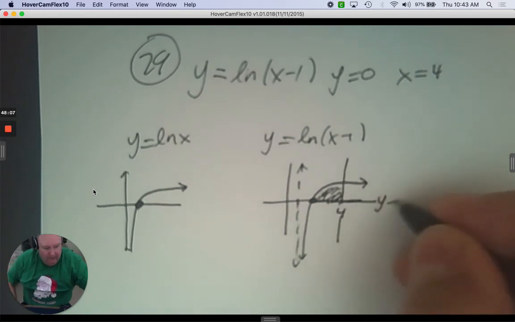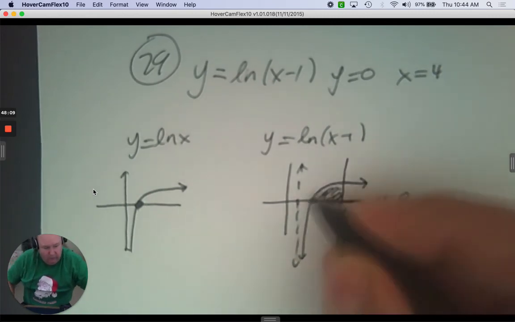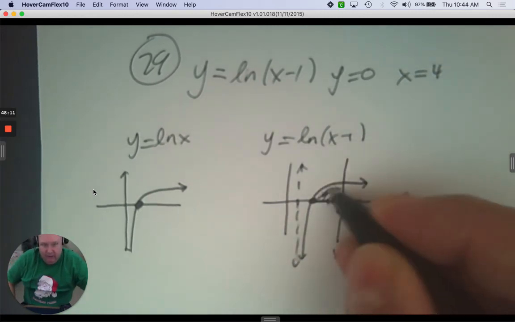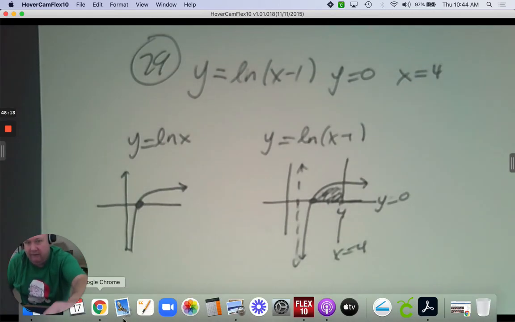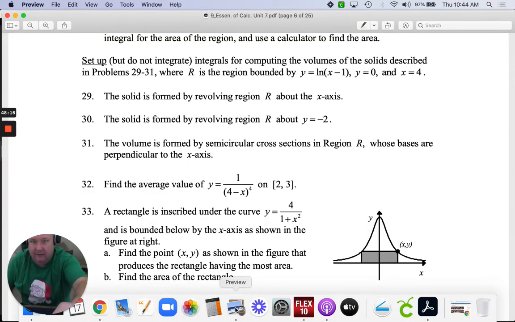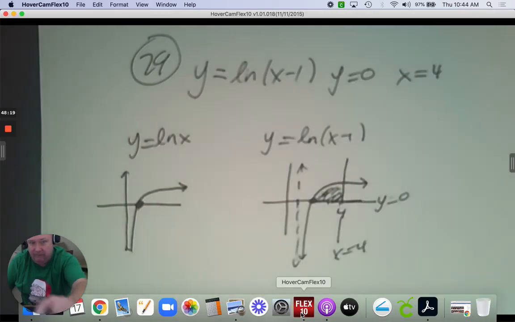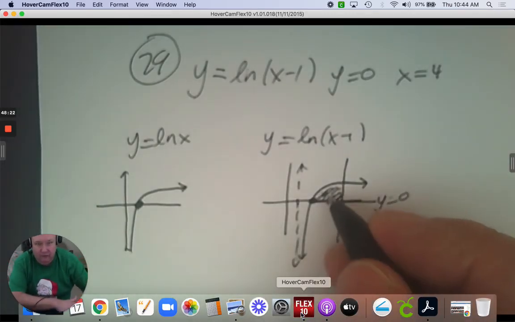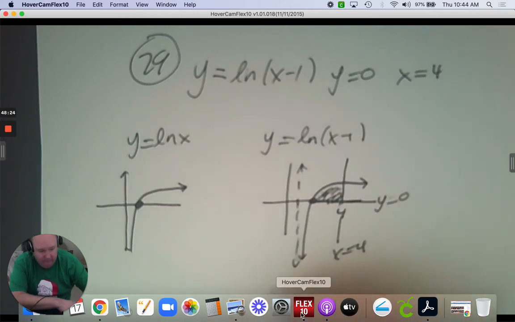So we have y equals 0, x equals 4, and the curve, it's trapped by that area that I just shaded in. Let me remind myself what I'm doing again. Find it revolving about the x-axis. Just the setup. So on the x-axis, it's a disk. So the setup is a circle.